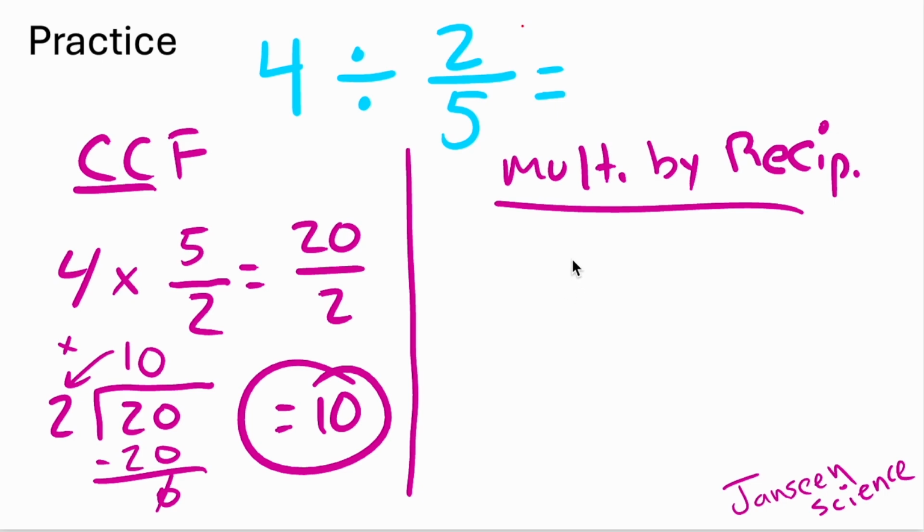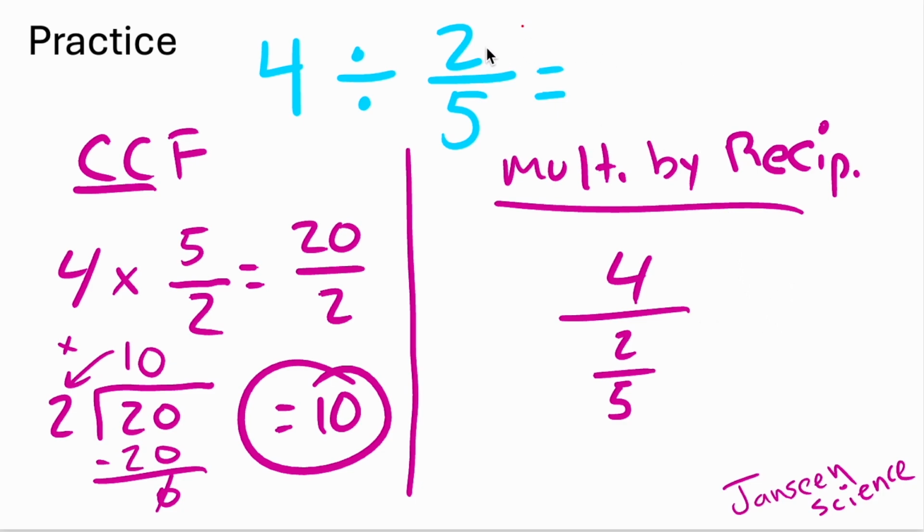Now let's go ahead and use the multiplying by the reciprocal way of solving this problem. So it's going to be written like this: 4 divided by 2 over 5, just like that. Let me write the 5 a little bit better. There. And so we're going to multiply by the reciprocal.